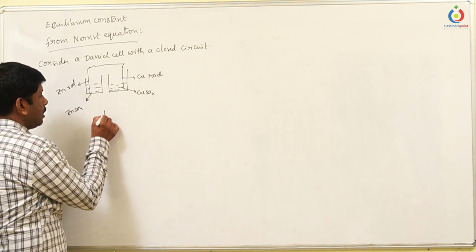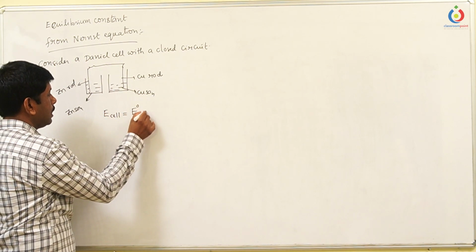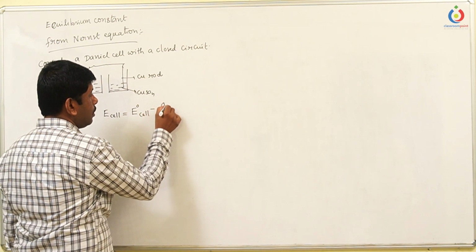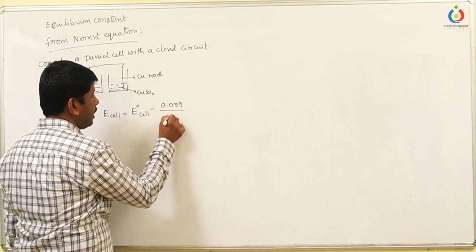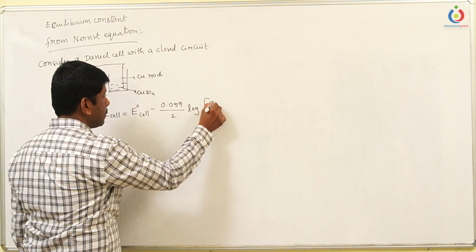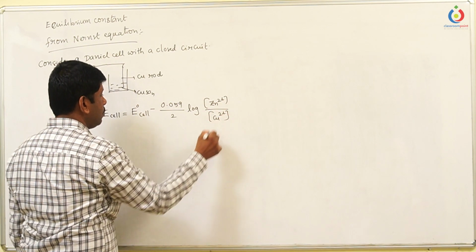So we shall take the general equation, that is E cell for Daniell cell is equal to E naught cell minus 0.059 by 2 into log concentration of Zn2+ divided by concentration of Cu2+.